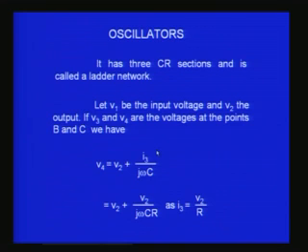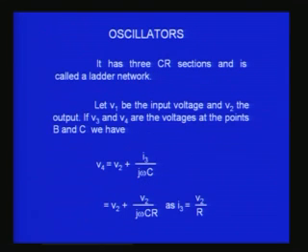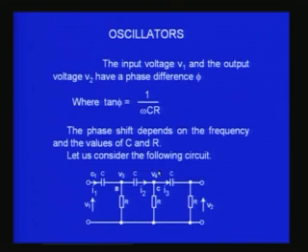Right, now let us try to derive quickly the expression. Now what is V4? V4 is equal to V2 plus I3 divided by j omega C. Why is it like that? V4 is here. V4 is the voltage across R plus the voltage across C. The voltage across R is V2, we already know.